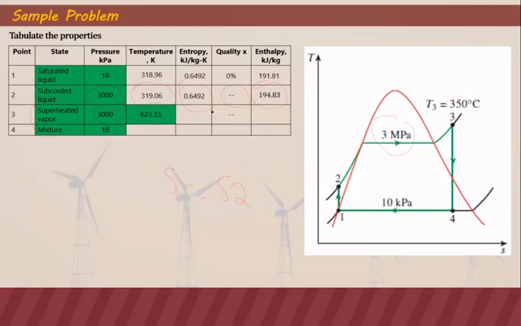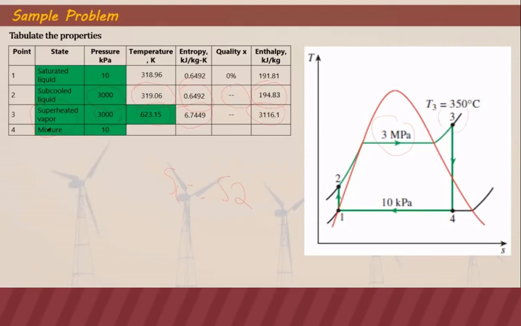Using the software, you can get the entropy as 6.7449 and then the enthalpy as 3116.1. So we have a significant increase in the enthalpy to 3116.1 at point 3.